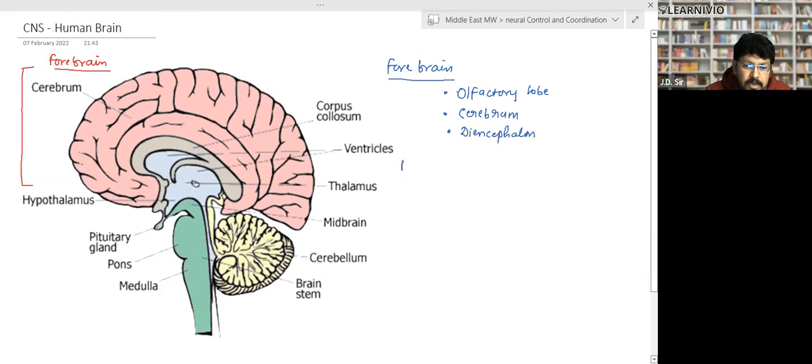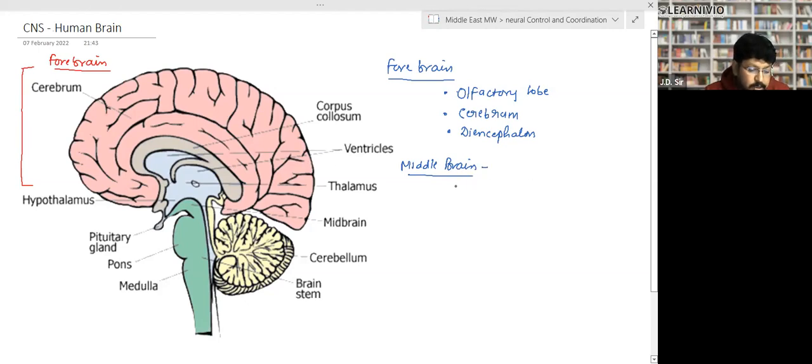Next is the middle brain. This part is completely the middle brain. What exactly does the middle brain have?